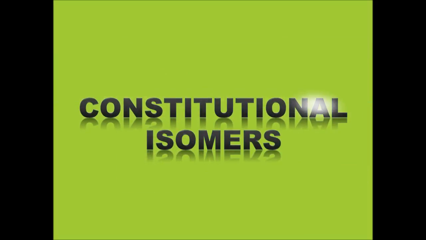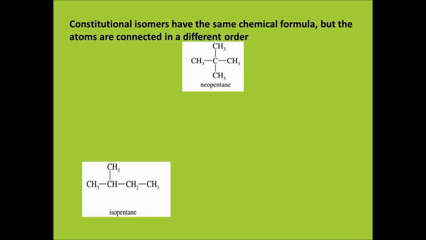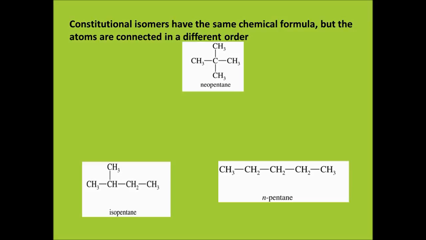Now, isomers can be divided into constitutional isomers, and these are isomers that have the same chemical formula, but the atoms are connected in a different order. And a perfect example are the ones shown earlier with neopentane, isopentane, and normal pentane. All of these compounds have the same formula, C5H12.